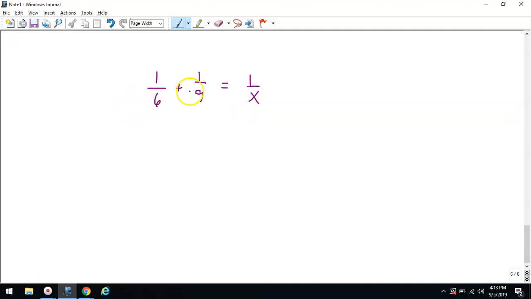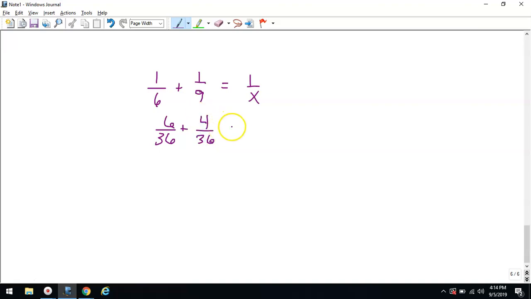Let's see, what do I want to do? Let's add this side together first. If I can add 1/6 and 1/9, then I can just cross multiply to solve for x. 6 and 9 have a common multiple: they can both go into 36. 6 goes into 36 6 times, and 9 goes into 36 4 times.